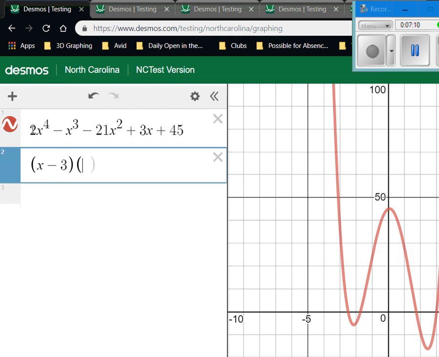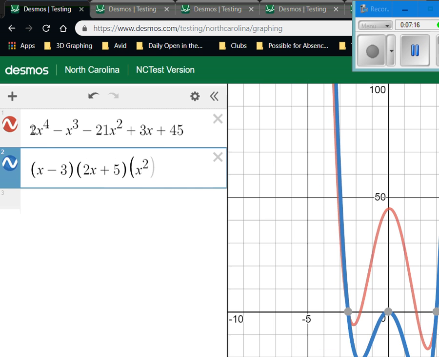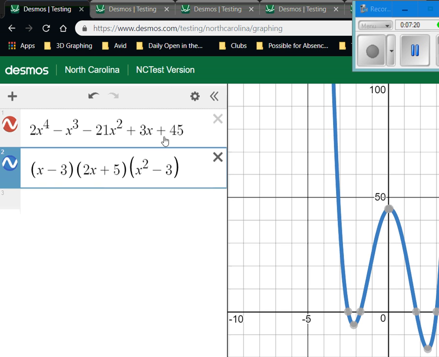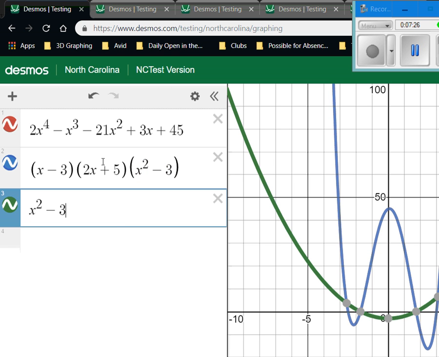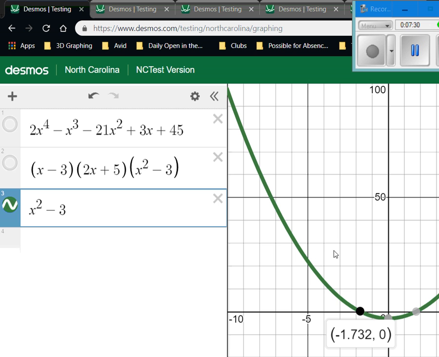X minus 3, 2x plus 5, and x squared, was it minus 3? Okay, those match up, and so now I'm looking at this last piece. What I have is a quadratic, and I see that negative positive.